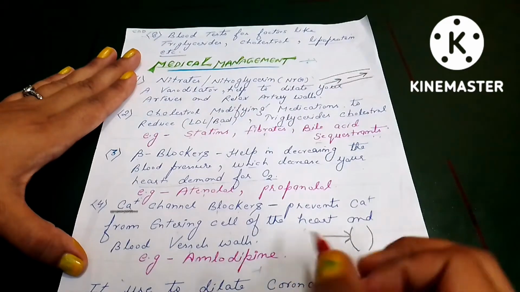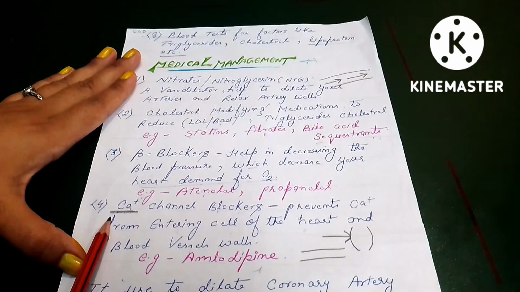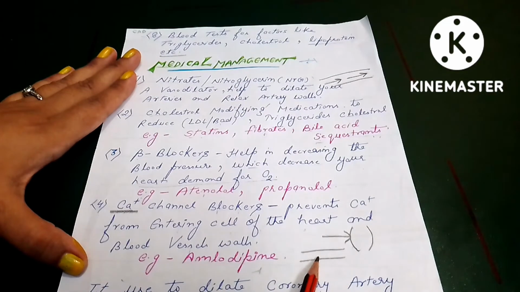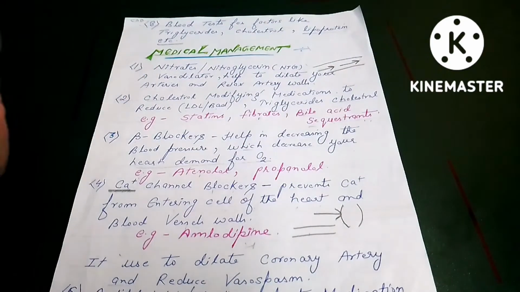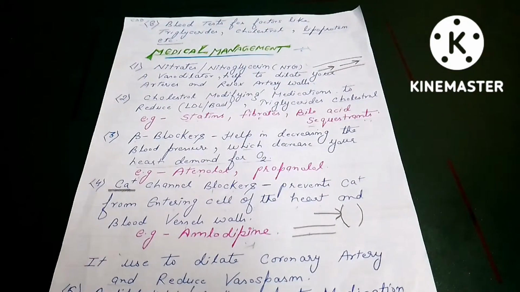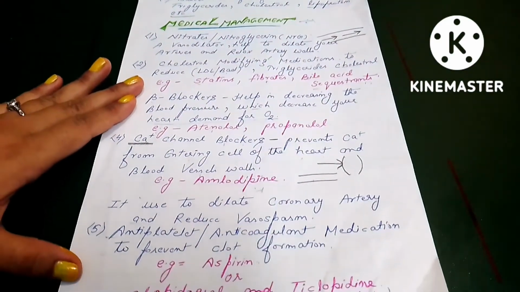So we are blocking the calcium from getting into our myocardium and blood vessels, preventing the calcium from entering the heart and blood vessels. The drug which we can give is amlodipine. Okay, it helps to dilate the coronary artery and reduce vasospasm.